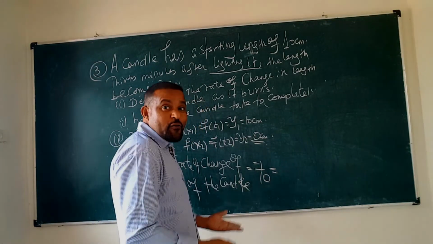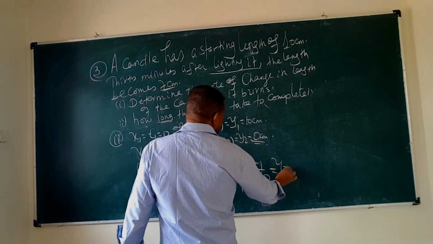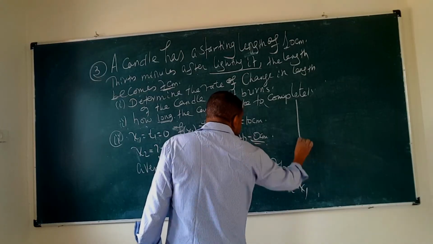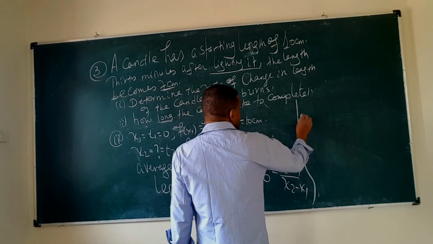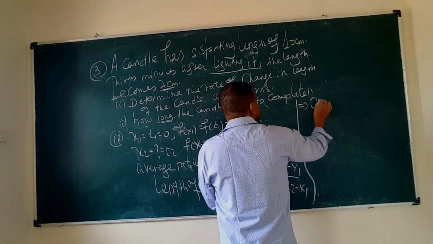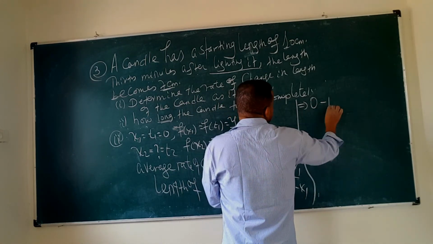So which is what? y2 minus y1 over x2 minus x1 ማለት ነው based on the second situation of course. So which implies what's y2? y2 is 0 centimeter ሆኗል. y1 is 10 centimeter.